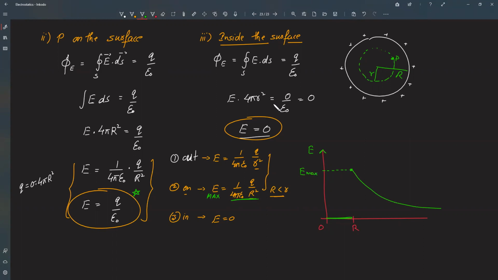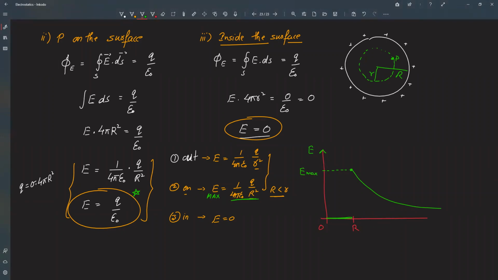And this fact that the electric field inside the shell is equal to 0 will be used for electrostatic shielding. We will learn that in detail later, right? But for the time being, you should know that inside any cavity, cavity means shell, it's not only a spherical shell, it can be of any type, the total charge inside the cavity is 0, and it is due to this fact that the electric field is also 0.